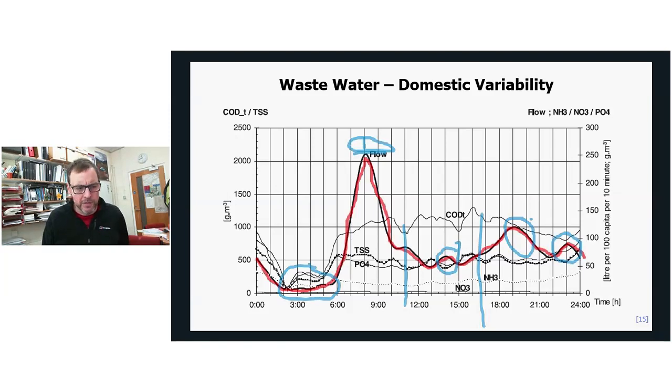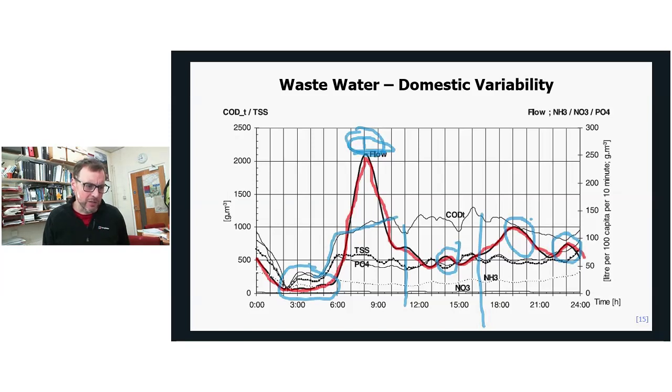The other lines on the graphs are the pollutant loads associated with the different inflow rates. So you can see that although you do have this massive increase in flow at the 8 AM time, the pollutant levels don't quite pick up at the same rate, and that's because a lot of the processes, the showers, etc., don't come with significant pollutant loads.